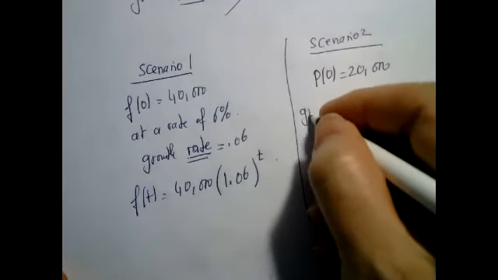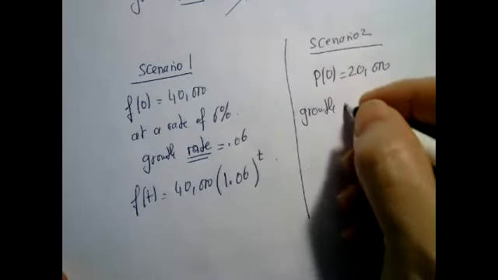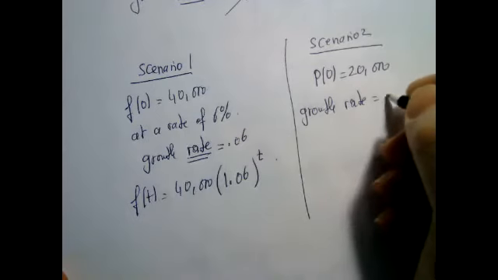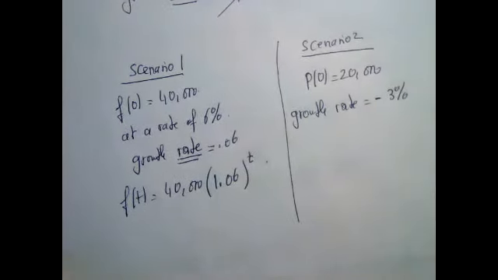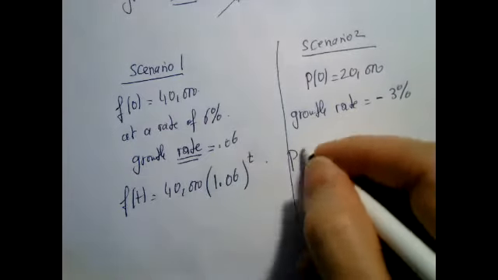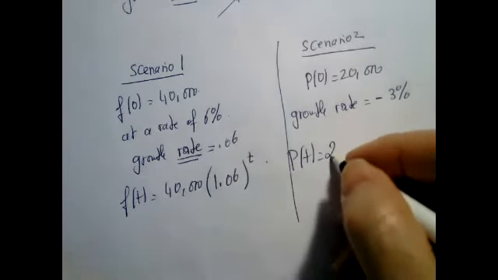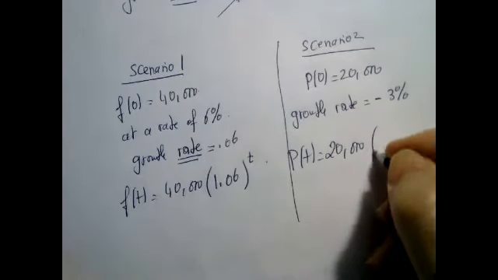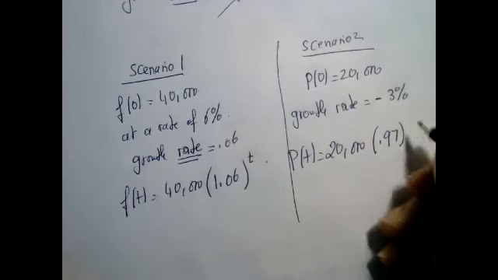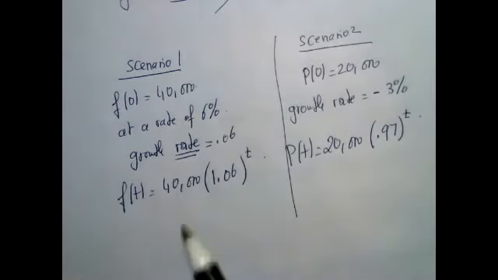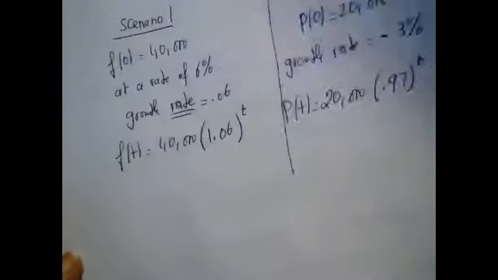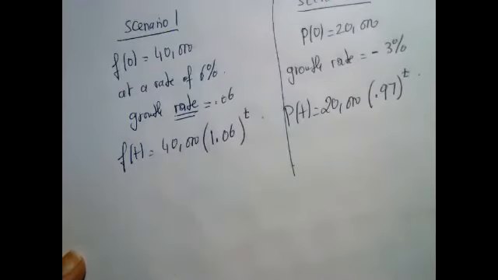The rate was minus 3%, minus is crucial, and the formula was 20,000 times 0.97 to the power t. Now, what's the relationship? I keep this empty. What's the relation?